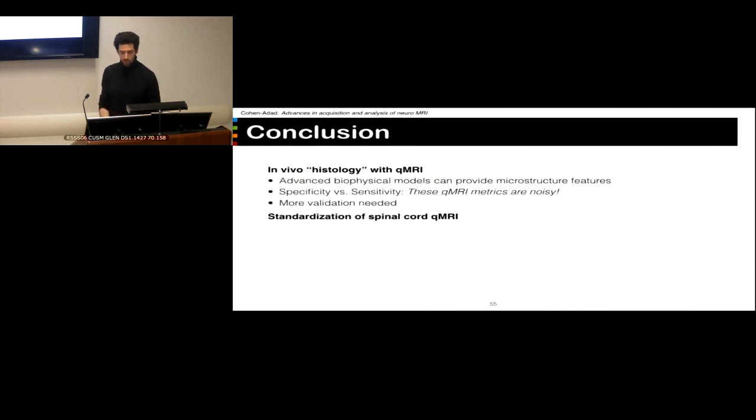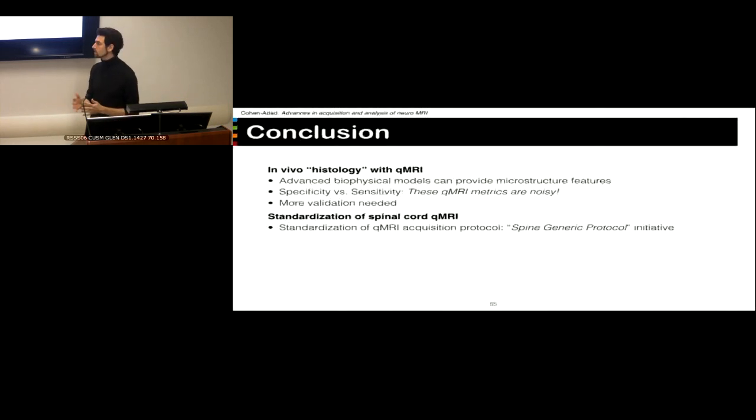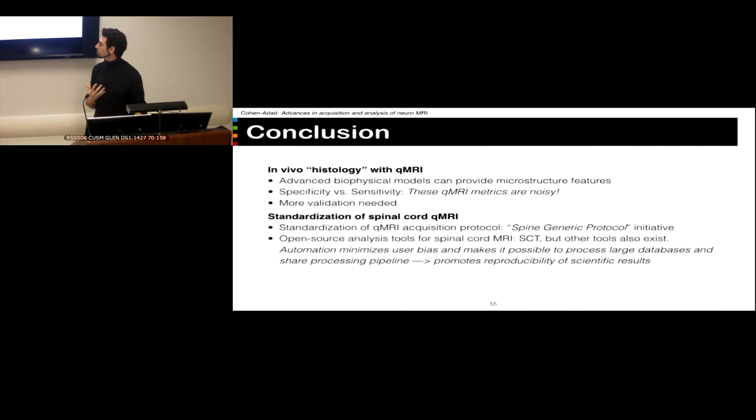Standardization, I think, is very important to ultimately bring it to the clinics and making sure that anybody in Australia or Quebec would end up with quantities that they could compare. So that's why efforts towards standardization are important, and also open source analysis tools.